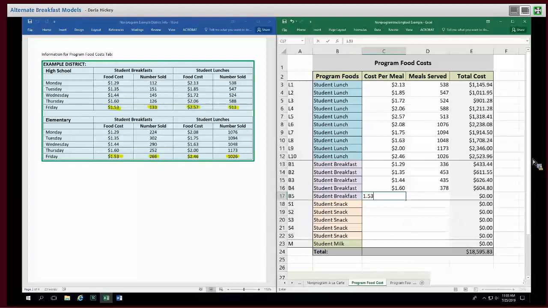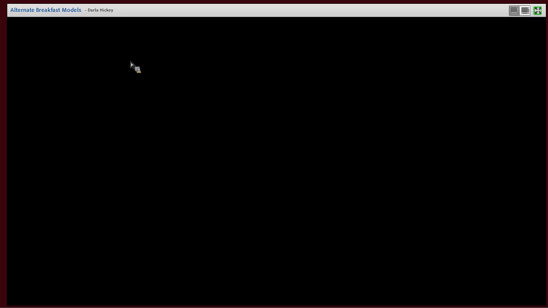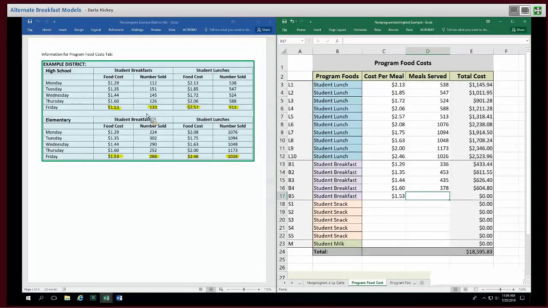For the number of meals served at breakfast, I have to add the high school plus the elementary, since we just have those 5 lines for breakfast. So we'll add 133 for high school and 266 for elementary, which gives us a total of 399 breakfasts served on Friday.